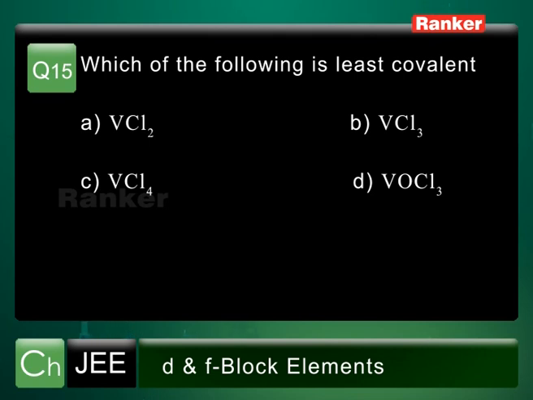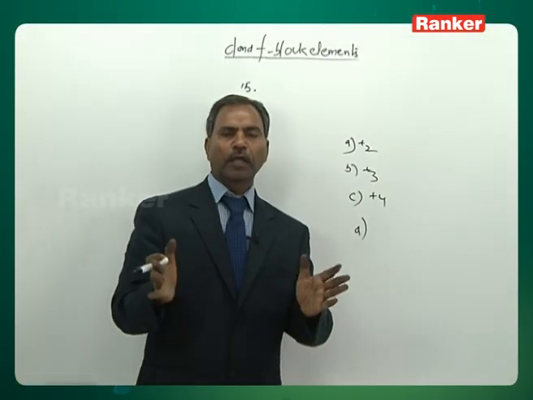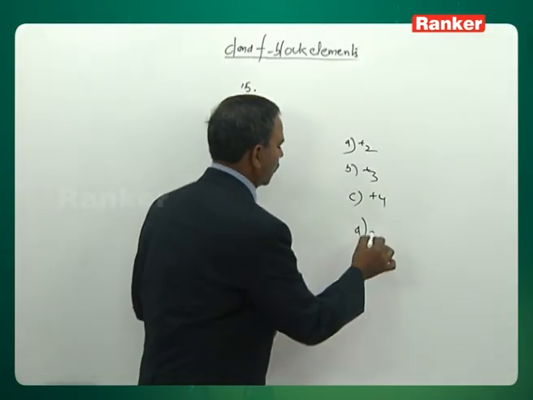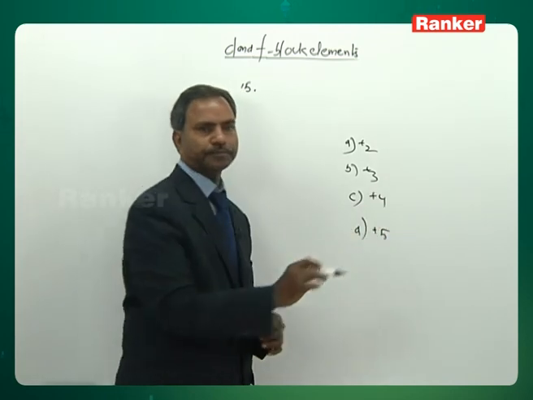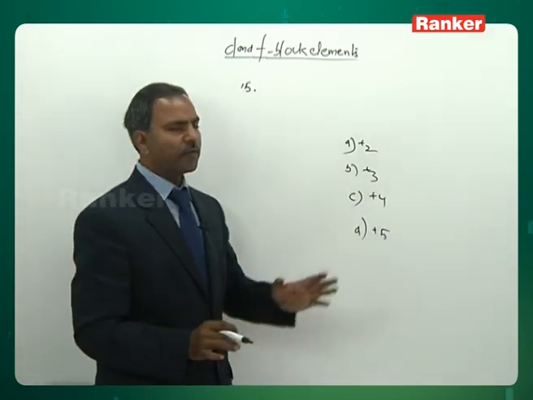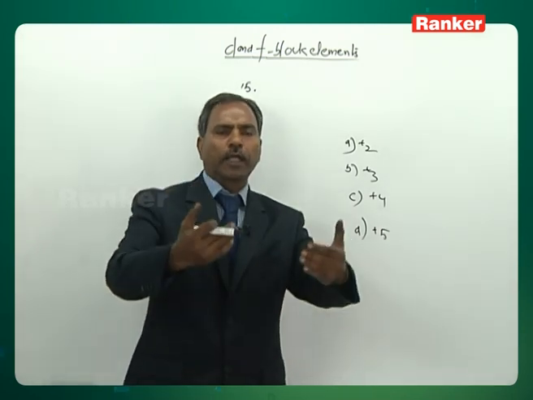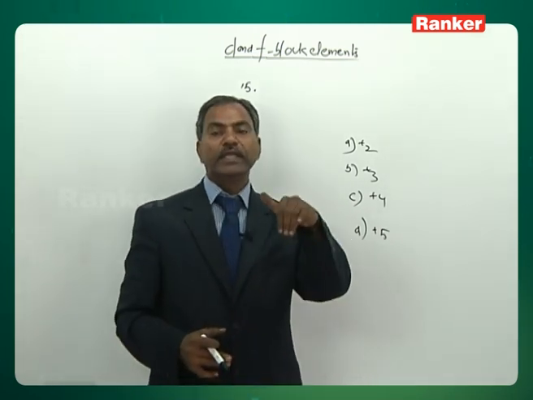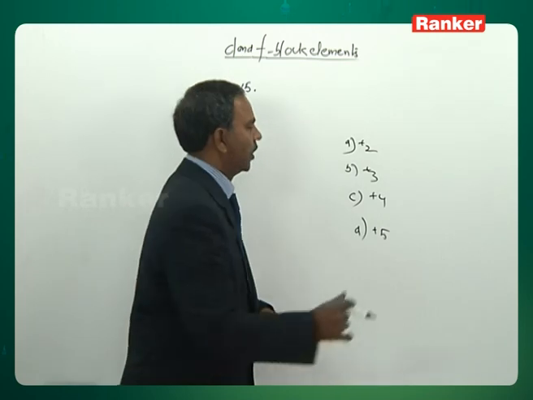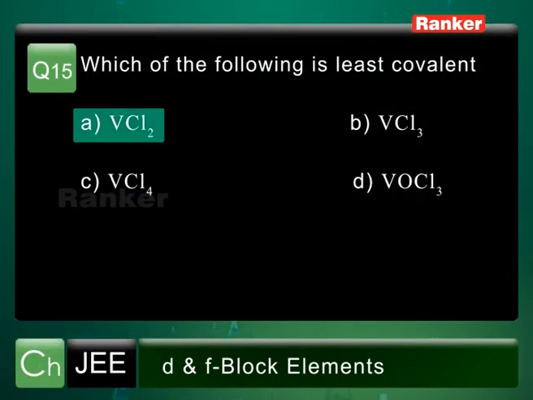And the next one, VOCl3: oxygen is minus 2, three chlorines minus 3, total minus 5, therefore vanadium is plus 5. Least covalent means more ionic, and more ionic means we choose the least oxidation number. Therefore, answer A is the correct answer.